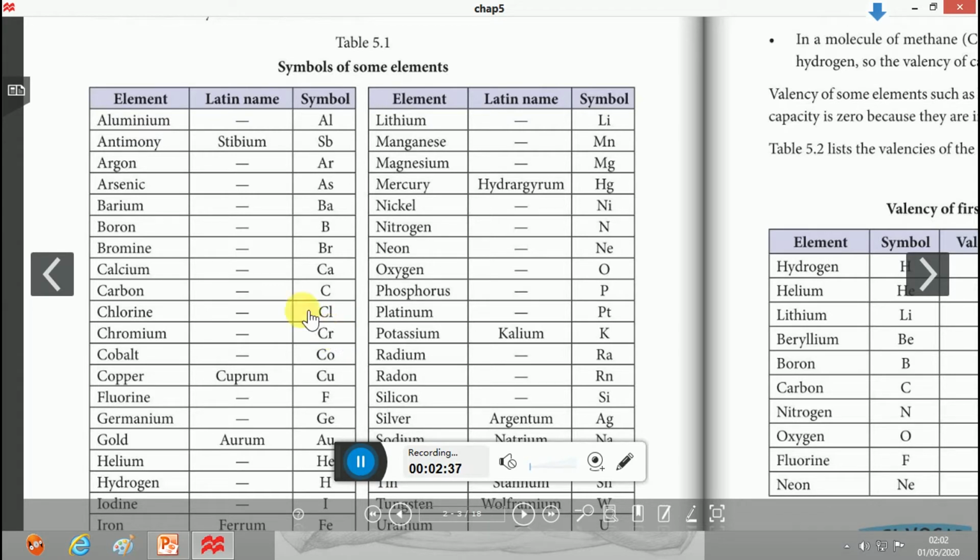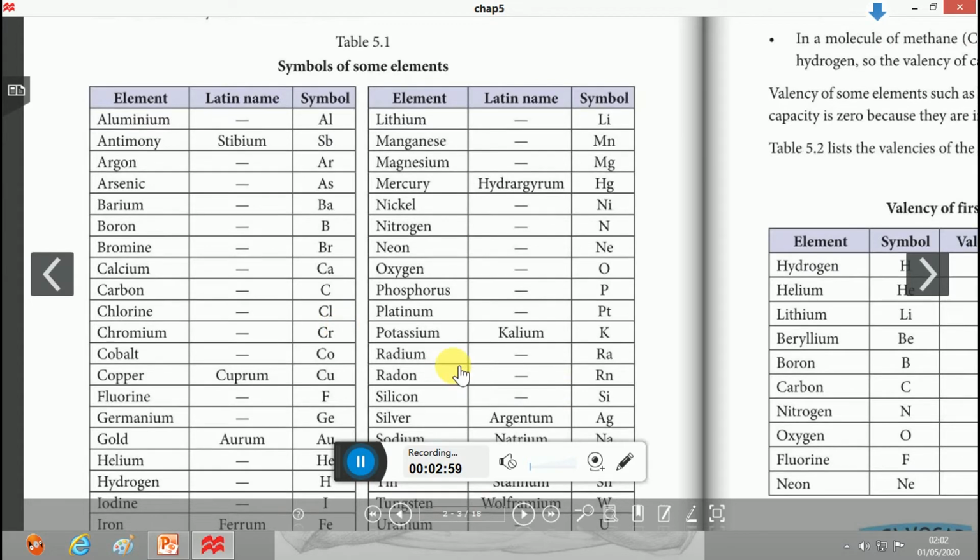For example, barium, Ba, the first two letters. Sometimes the first and third letters are considered as the symbol of that element. For example, chlorine, first and third letter, Cl.